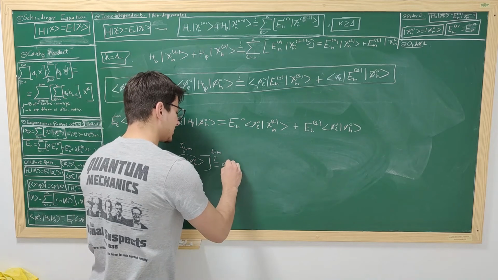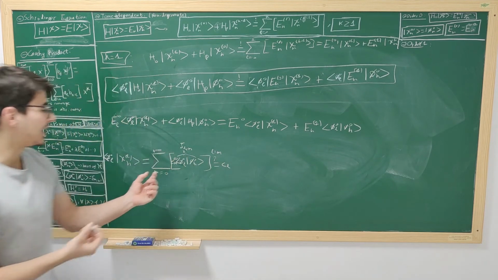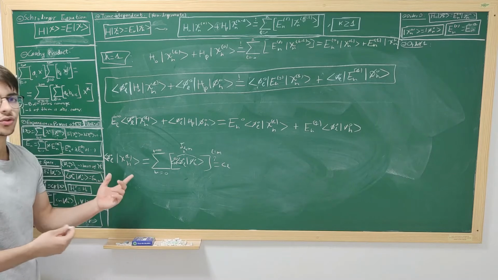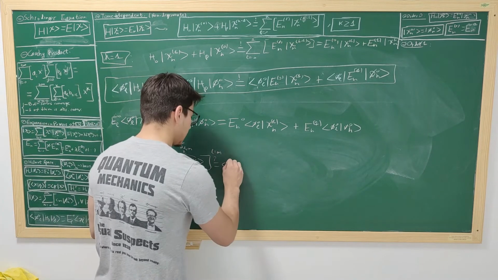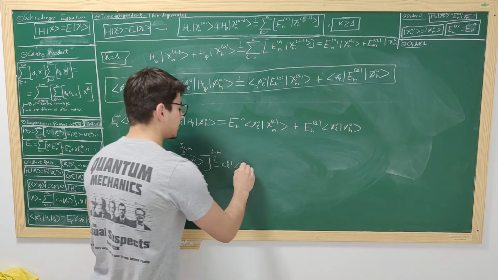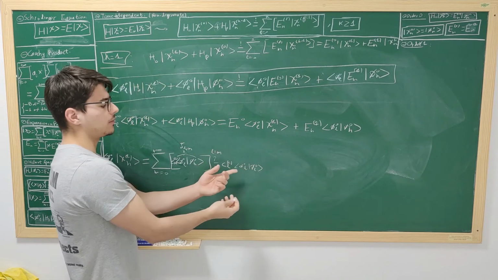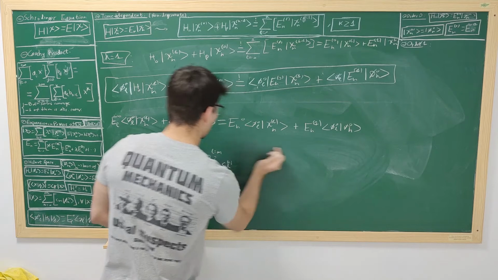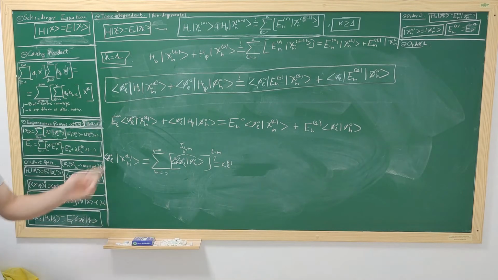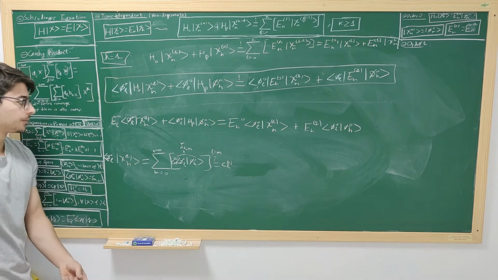So we get C_L. I'm going to write a 1 here to indicate that it is the coefficient of the first order correction to the eigenstate, times this dot product. But this is just 1 because it is the same state. So the inner product with the basis element is just the coefficient C_L.